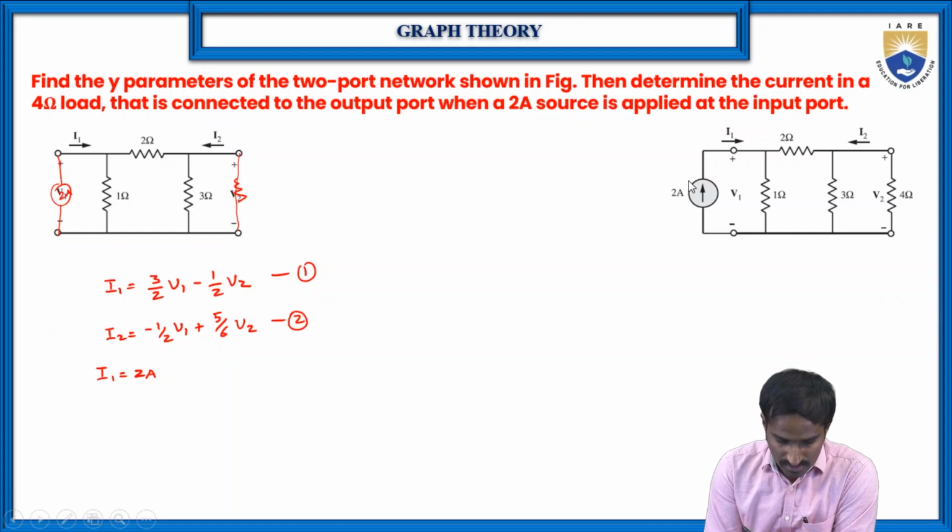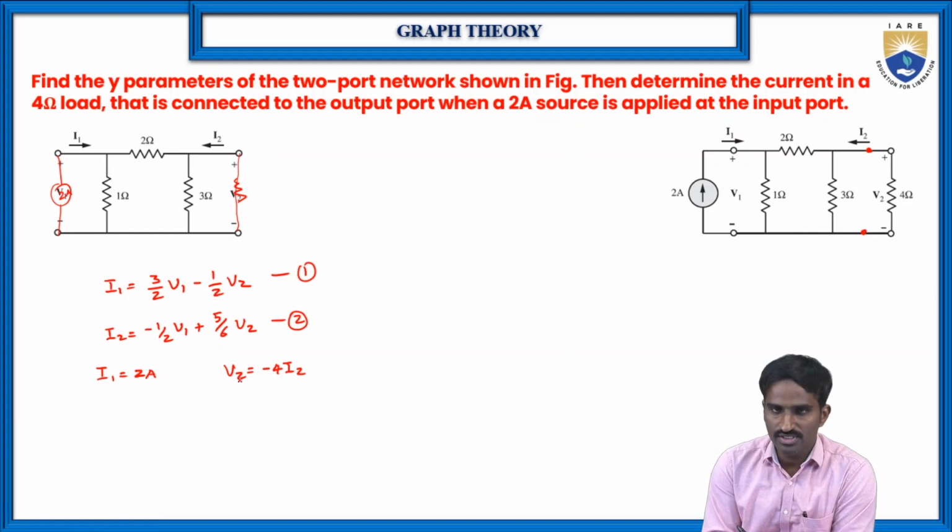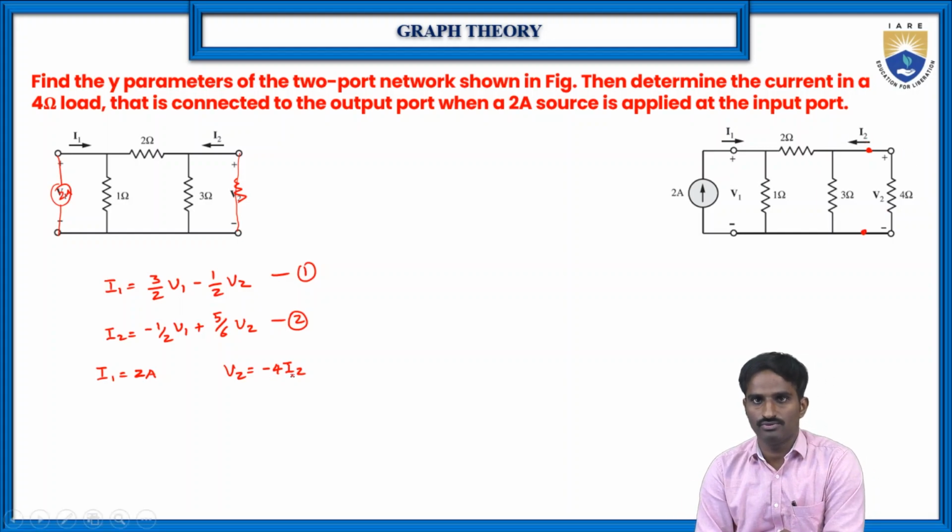Then V2 is equal to minus 4 into I2, because V2 is the voltage across these terminals, and V is equal to I into R. I is I2 and R is 4, but I2 is in the opposite direction, so we get minus 4 into I2.